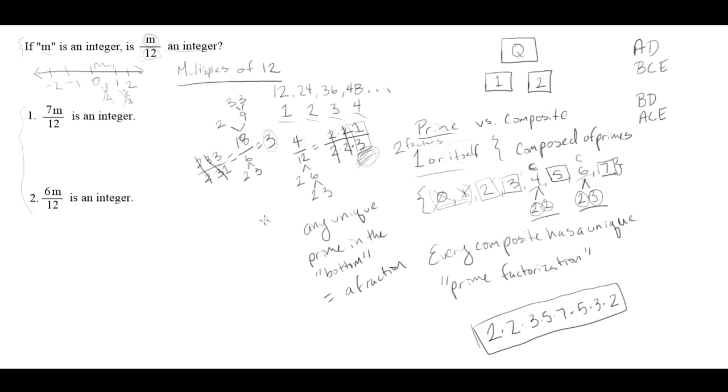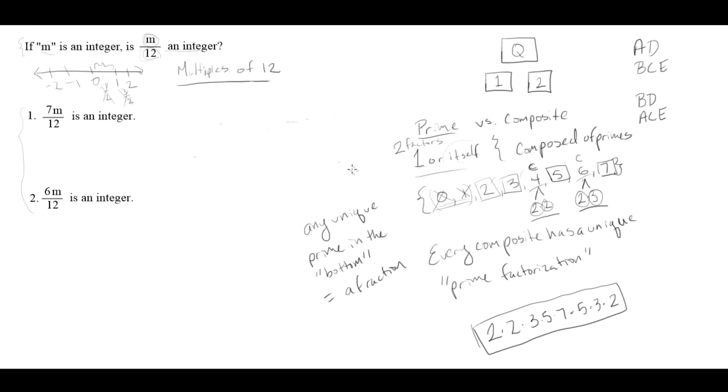Now, how will this be useful in answering our question? Is m over 12 an integer? Well, if you will allow me to clean up some of our workspace here, let's talk about what exactly that means.